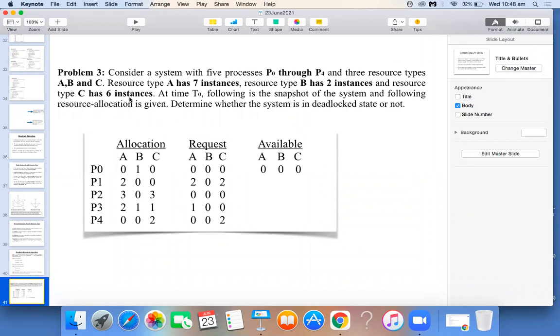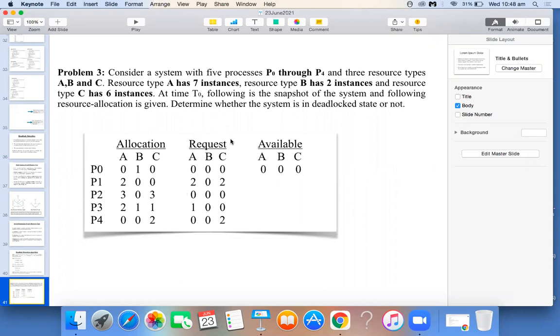Now, this is the snapshot of your system at time T0, and these are the resources which the respective processes are requesting at time T0. Observe the problem. What is the column which is not available here?